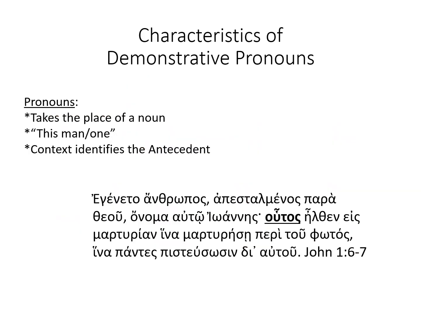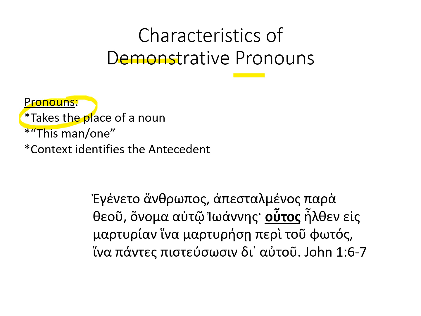When we think about demonstrative pronouns, houtos, this one, these, the near pronoun, ekeinos, that one, those in the plural, we are mindful that the demonstrative can function as a pronoun. We'll see in a moment it can function as an adjective, but as a pronoun, it takes the place of a noun. Again, that's what a pronoun does. It just replaces.